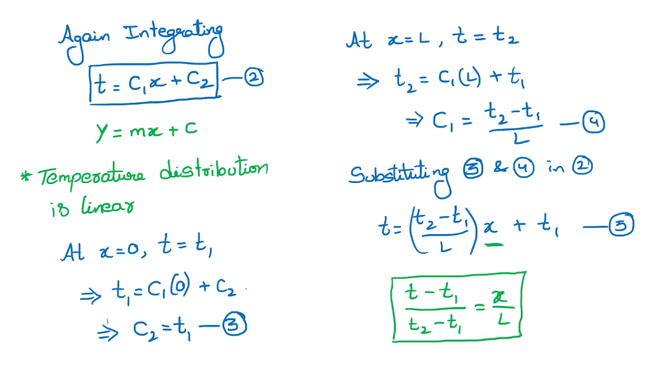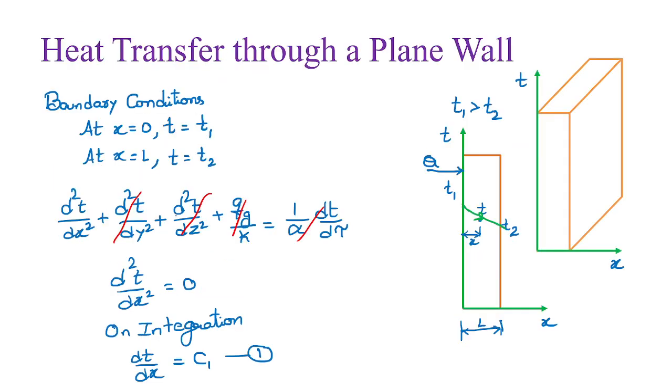Now, the third thing that we need to determine here is the heat transfer. We have learned that heat transfer Q is equal to minus kA into dT by dx. Here dT by dx is nothing but C1 from equation 1 which we have got.